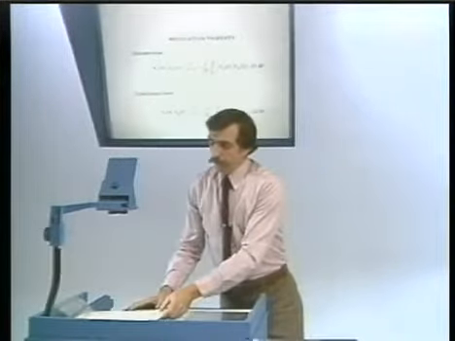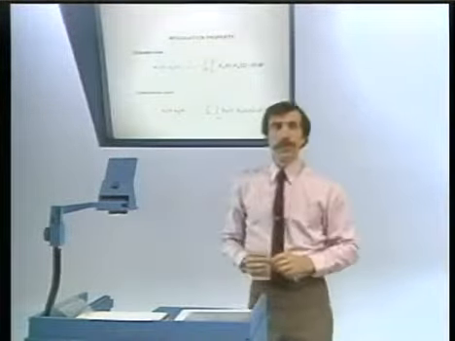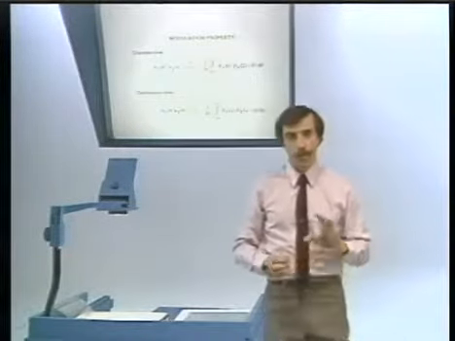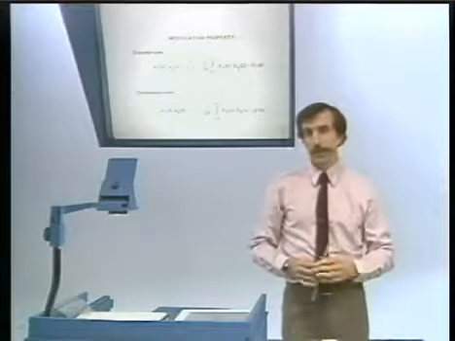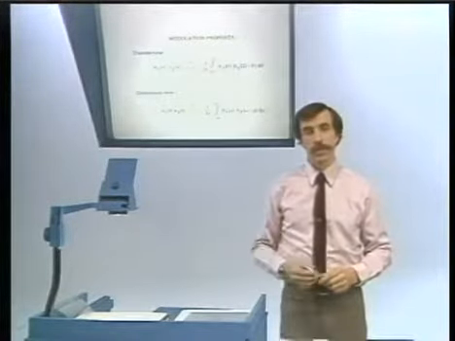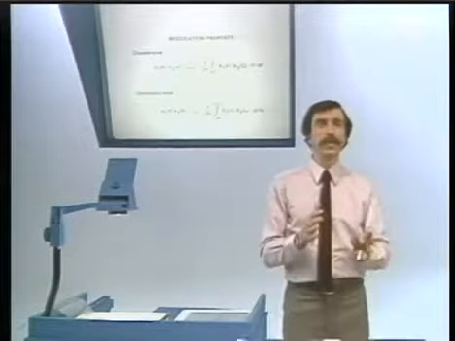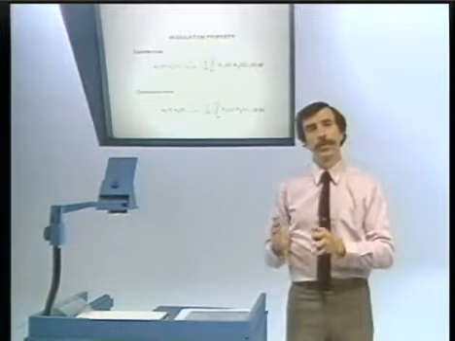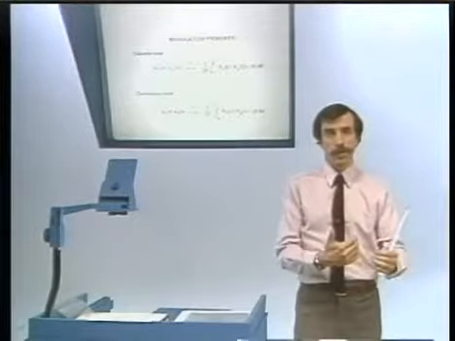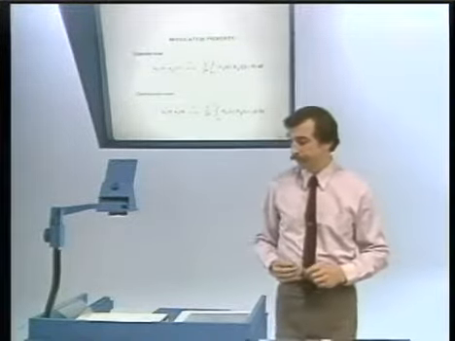Now, in addition to the convolution property, another important property that we had in continuous time and that we have in discrete time is the modulation property. The modulation property tells us what happens in the frequency domain when you multiply signals in the time domain.